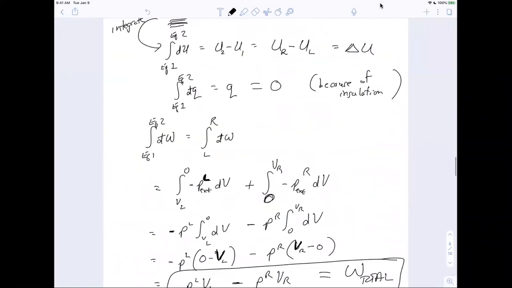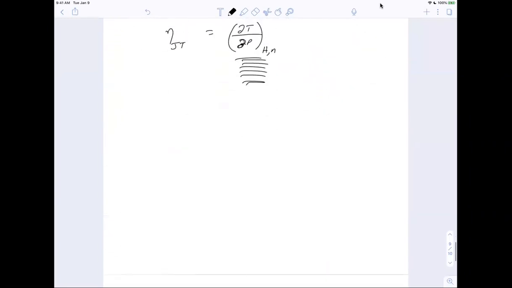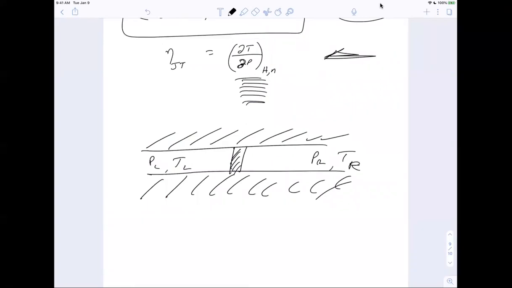Sorry about scrolling. So here's our porous plug. It's insulated. We have a pipe or some conduit; the diameter of the pipe doesn't matter at the moment. We have a P left, P right, and correspondingly, a T left and a T right.